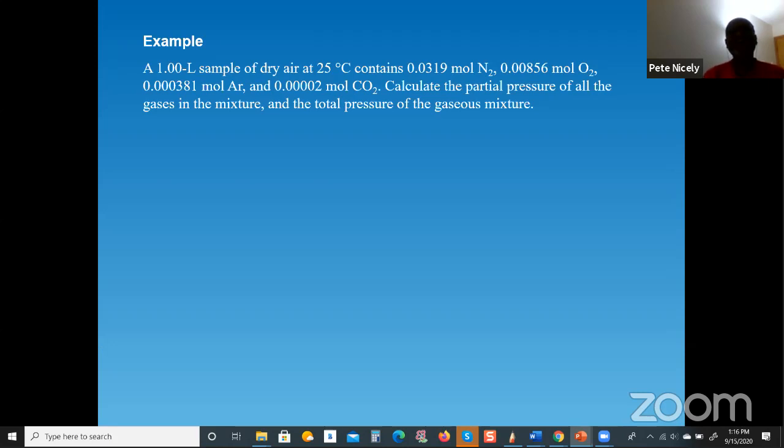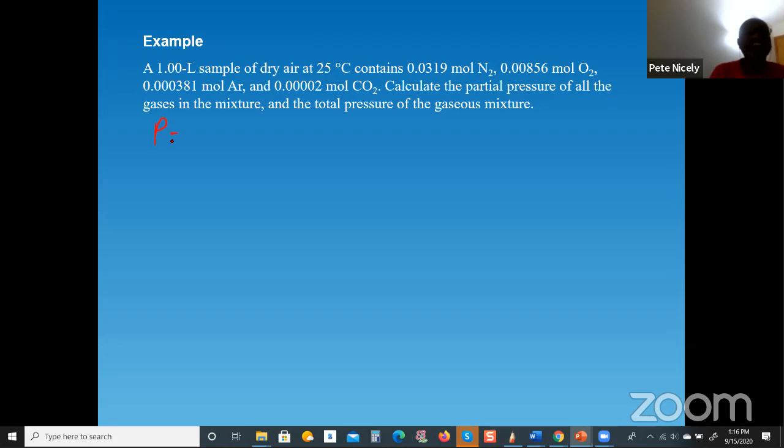All right. Okay, so let's see here. They gave you the volume, they gave you the temperature, and they gave you the moles of each gas. And they're asking you to calculate the partial pressure. This is kind of repetitive because you have to calculate the pressure of each gas. It's the same process.